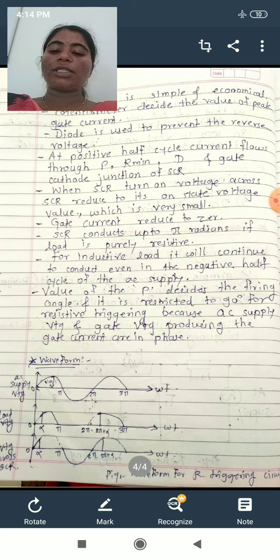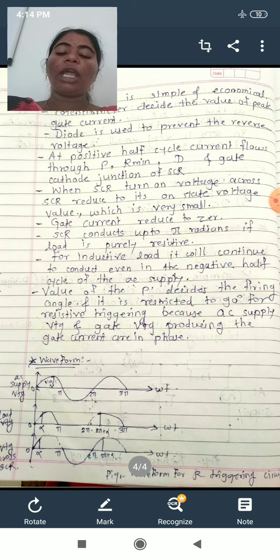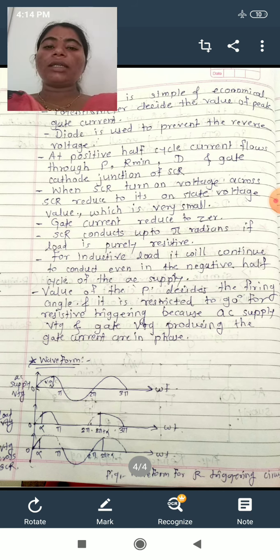Alpha is the firing angle, and after that the SCR gets turned on. At that time the voltage across the SCR is very small, from 0 to alpha. After the negative cycle it will be negative, and after the positive cycle again it will be 2 pi plus alpha, and so on. These are the waveforms for the resistance triggering.